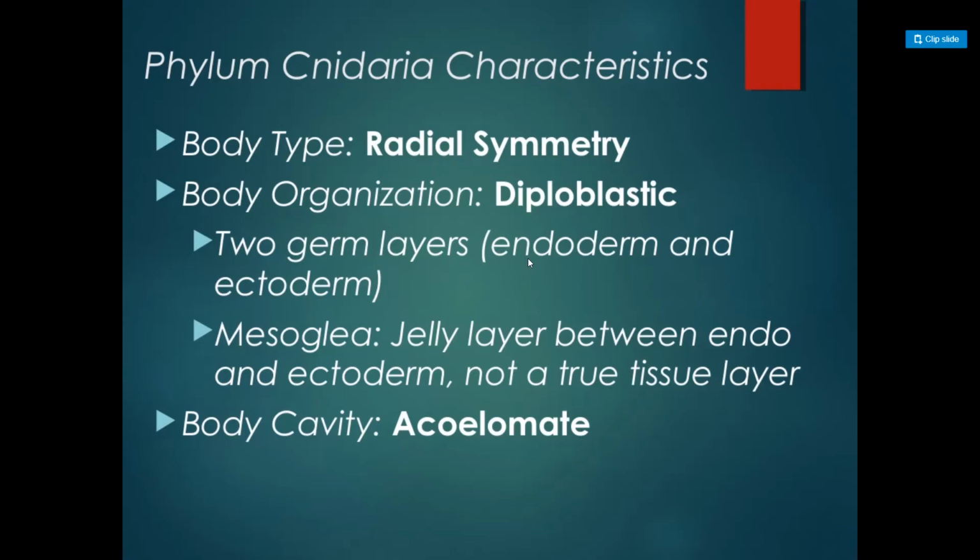They are diploblastic, so they have 2 germ layers, an endoderm and an ectoderm. You should kind of remember this maybe, hopefully, from your body plan chart. They also have a mesoglea, a jelly layer between the endoderm and ectoderm. This is not a true tissue layer. And they are acoelomate.